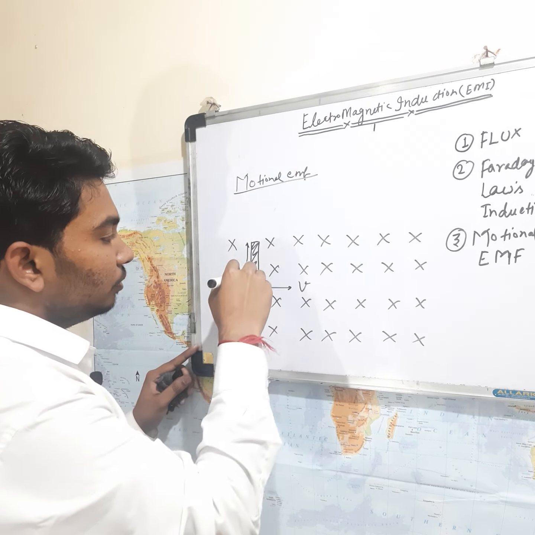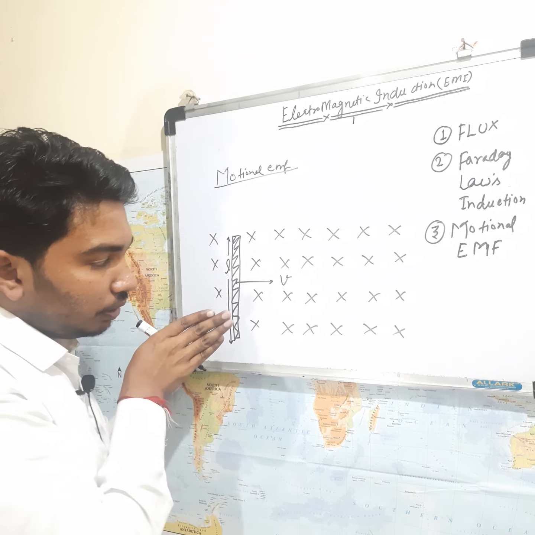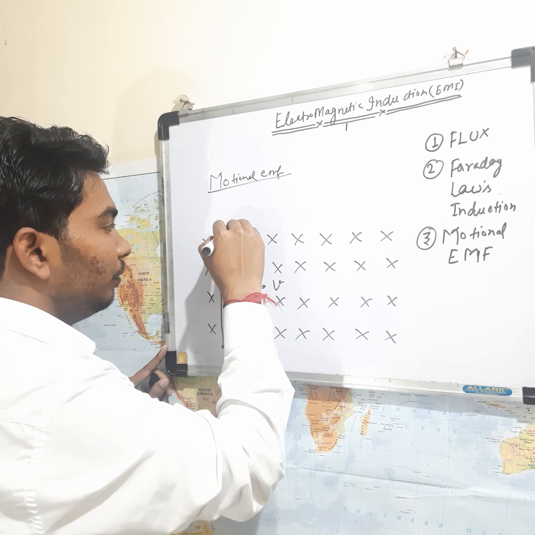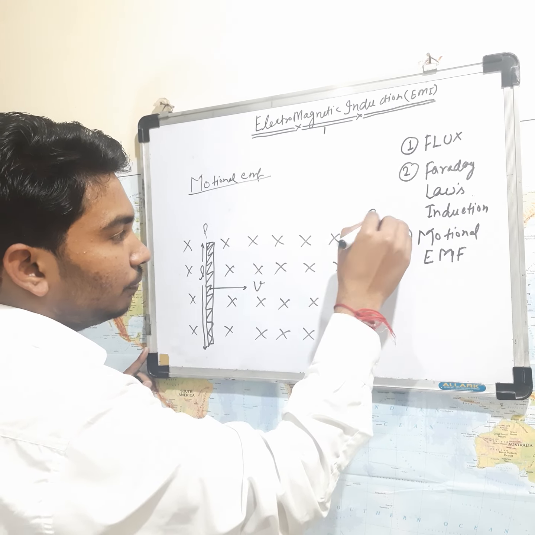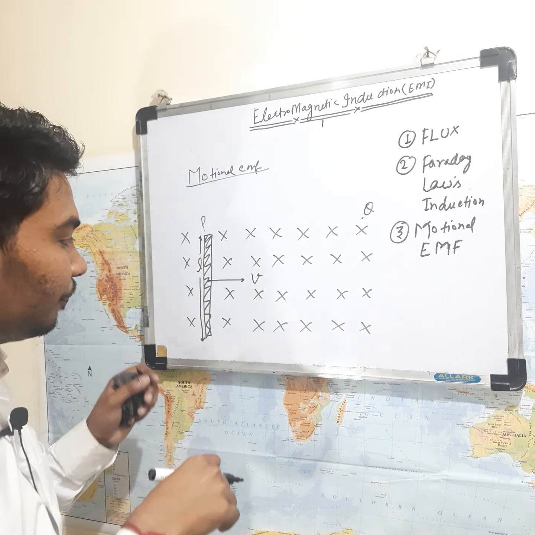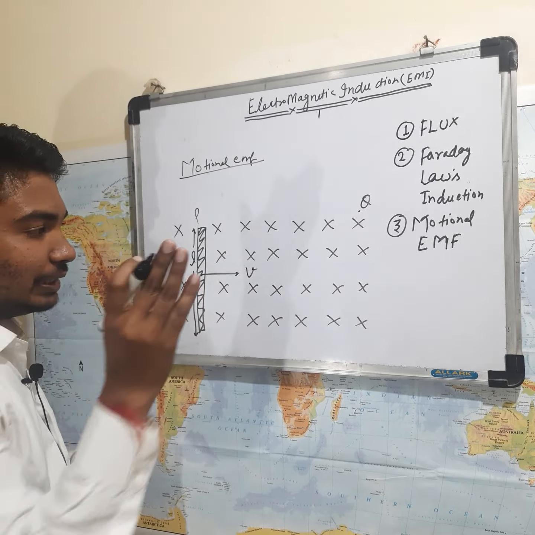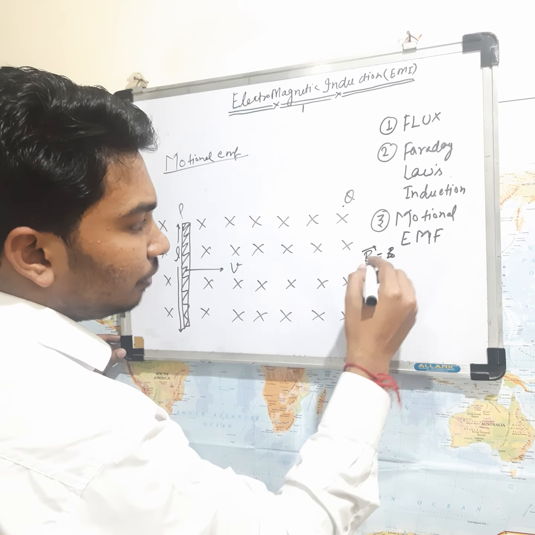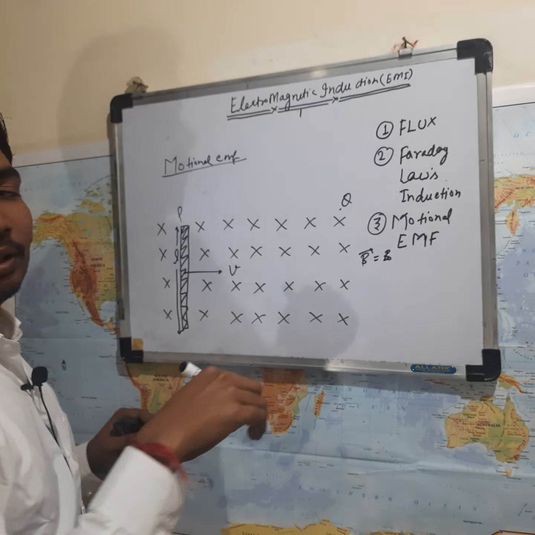The rod moves from point P towards point Q. The magnetic field inside is B, and it is a constant magnetic field, not changing with time.